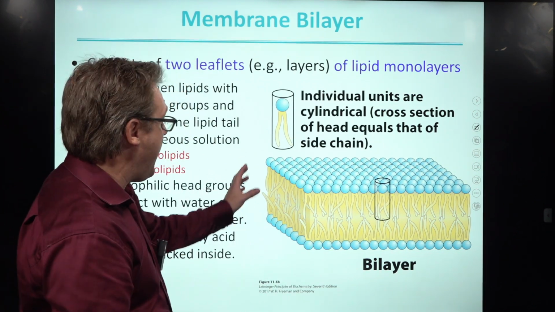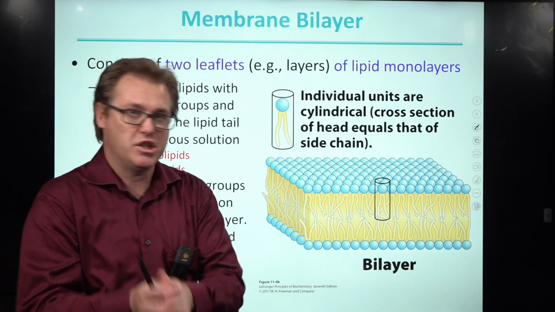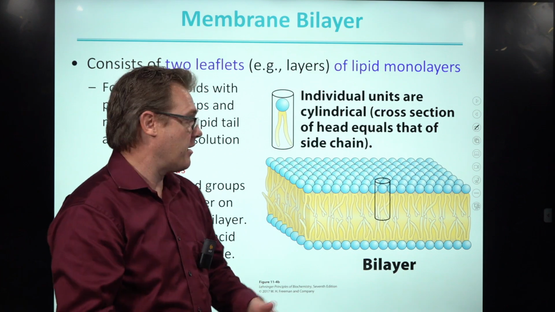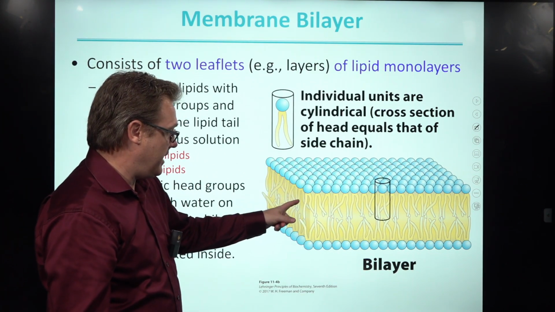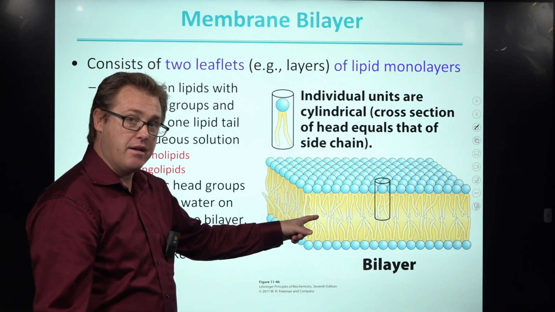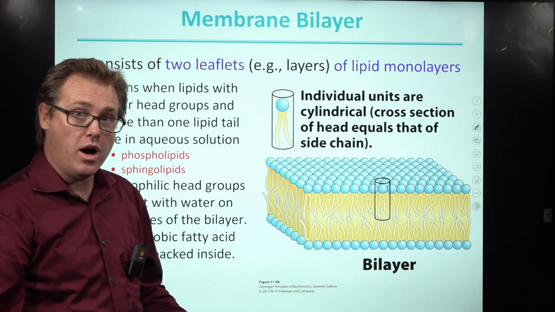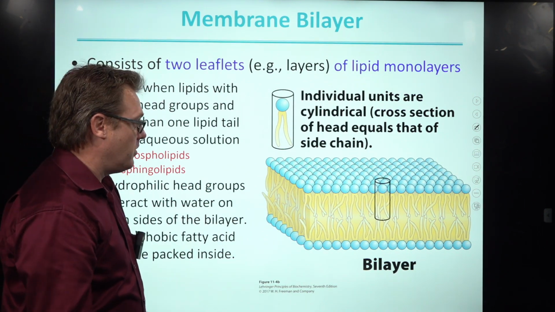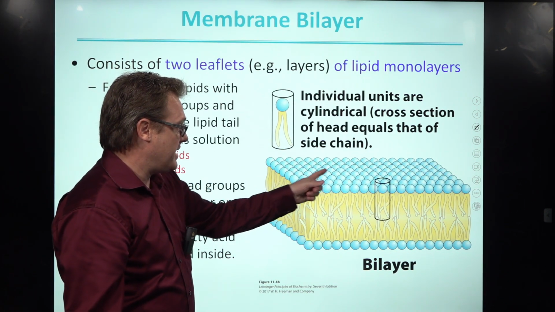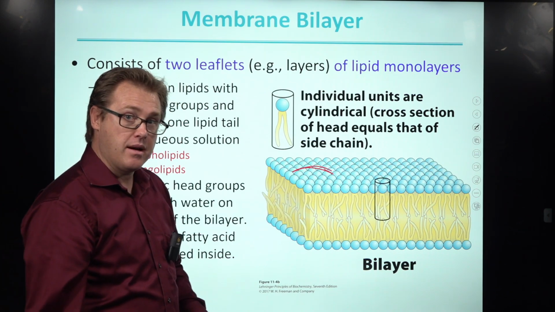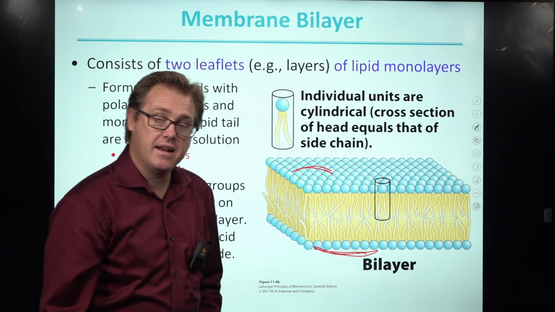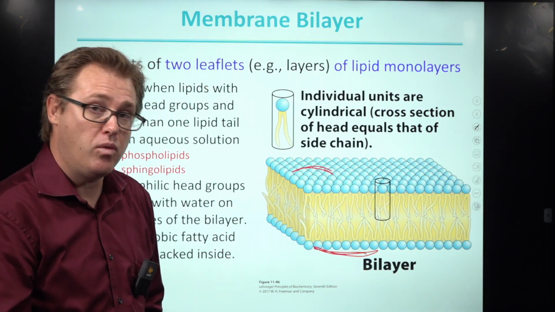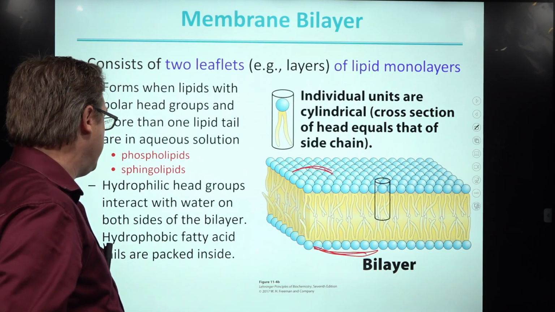So if you take a handful of these lipids and shake them up and throw them into water, they're going to associate in a bilayer. And so it's minimizing the interaction of those hydrophobic tails with the water. On this side we have the polar heads, and on the opposite side we have the polar heads. And it's those polar heads that are interacting with water to form this bilayer.